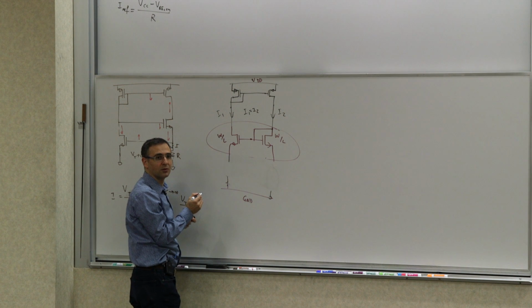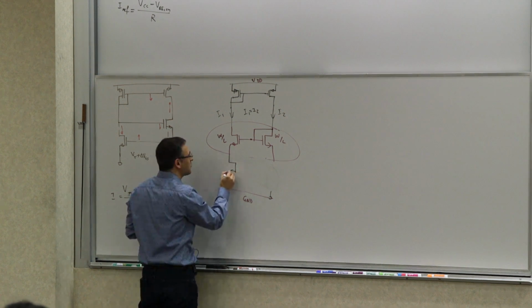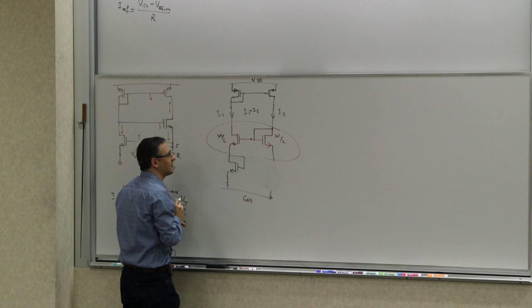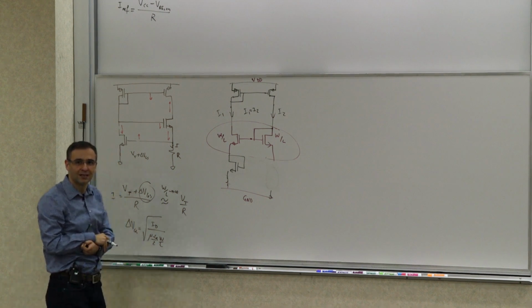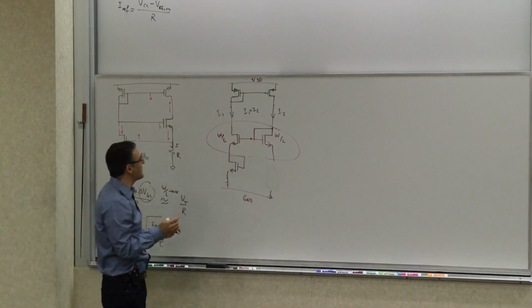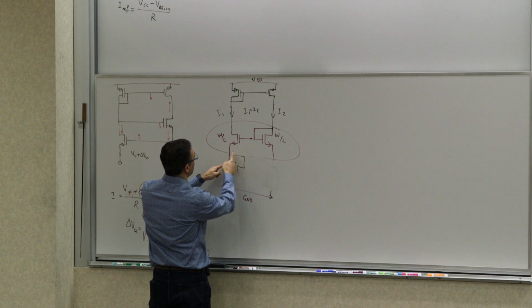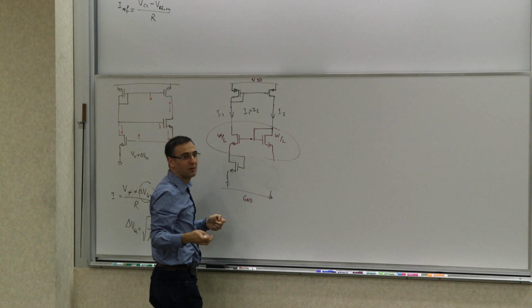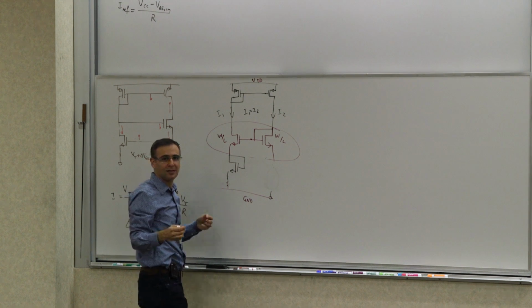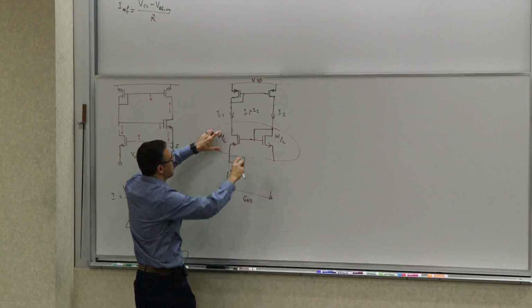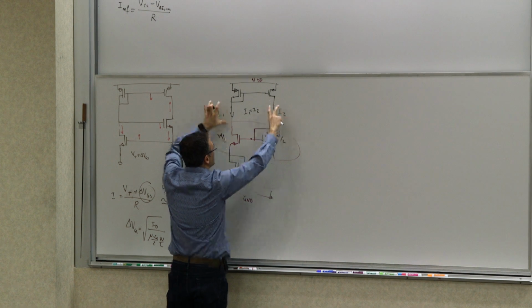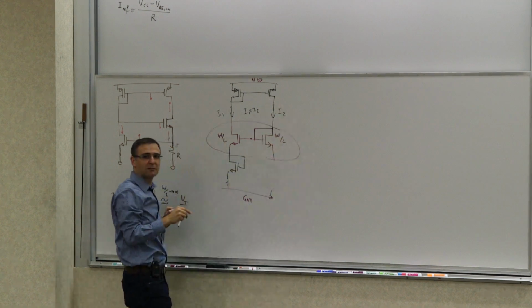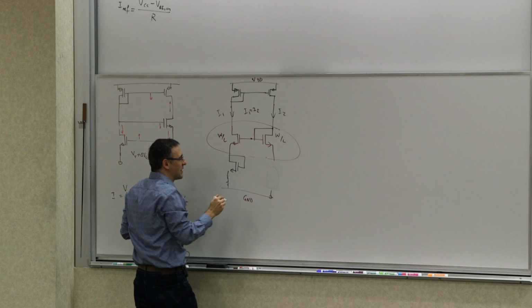So how do I make the threshold voltage? Well, the easiest thing is to put a diode-connected device here. Can I do that? Sure, because yes, this is diode connected here, but then it's defined this way with a high impedance. And there's a high impedance here, so this middle part can move up and down in voltage with respect to the other part without having to worry about it.